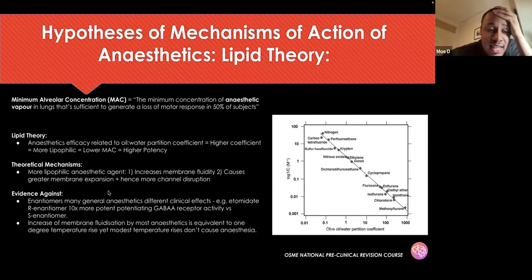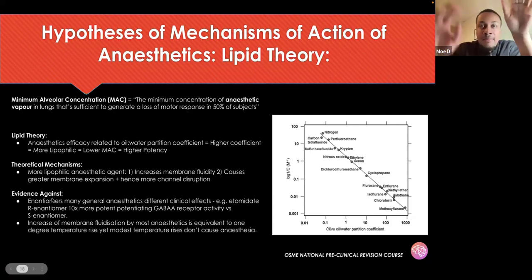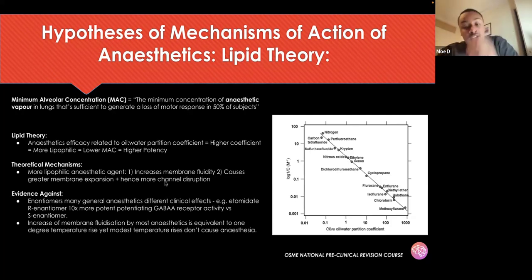And evidence against the lipid theory is that enantiomers of many general anesthetics have different clinical effects. So enantiomers, just to refresh from A-level chemistry, are two molecules that are mirror images of each other. And so theoretically, they should have very similar lipophilic indexes. So for example, with etomidate, the R enantiomer is 10 times more potent in potentiating GABA receptor activity versus the S enantiomer.